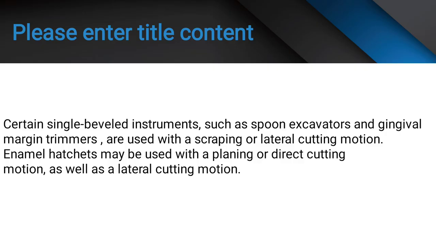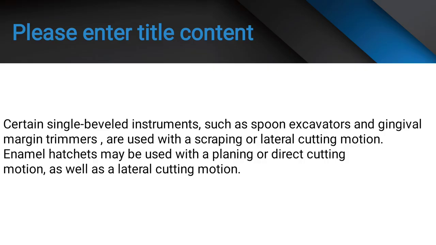When the instruments have a cutting edge perpendicular to the long axis of the handle and there is a slight angle of the blade, then we follow the mesial and distal pairs, not the right and left pairs.